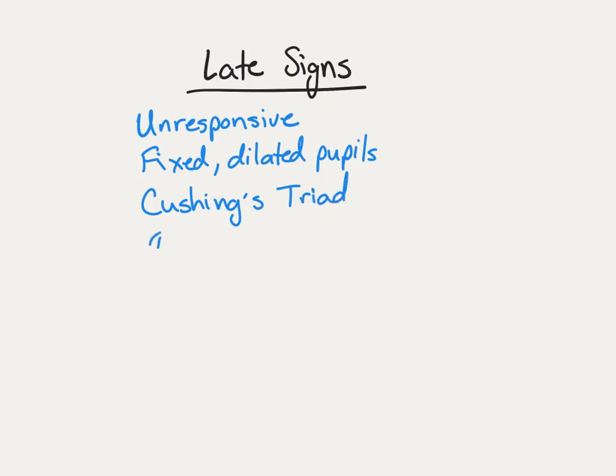And then finally, we have a group of 3 symptoms known as Cushing's triad. The first is an increase in the systolic blood pressure, but there's a widening pulse pressure. In other words, the diastolic blood pressure is either staying approximately normal or even decreasing as we get worse and worse.